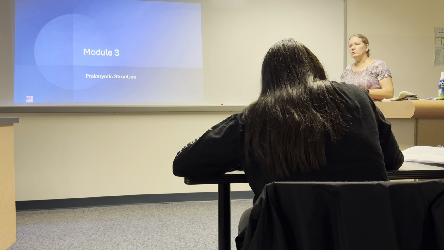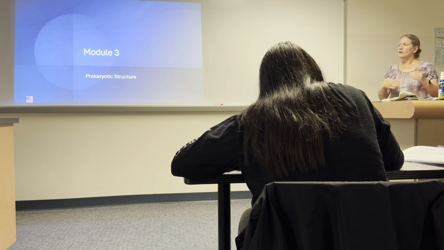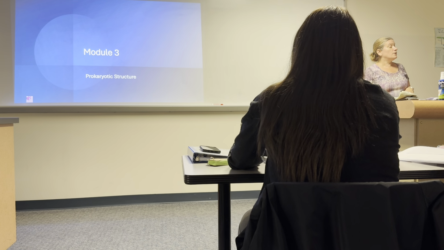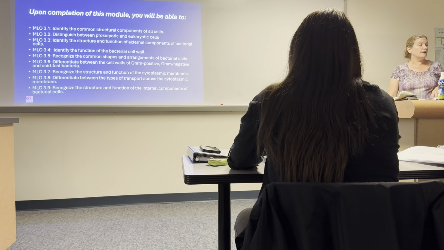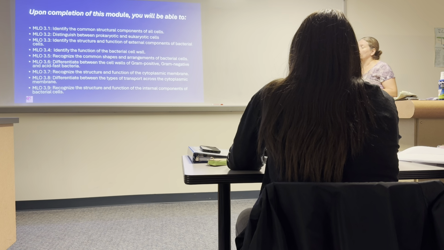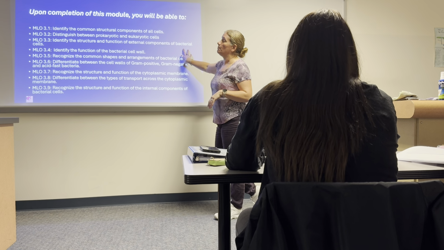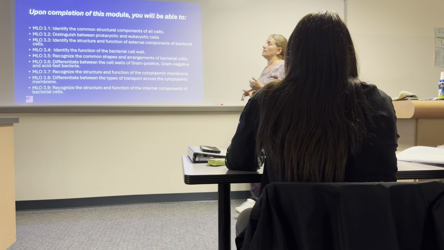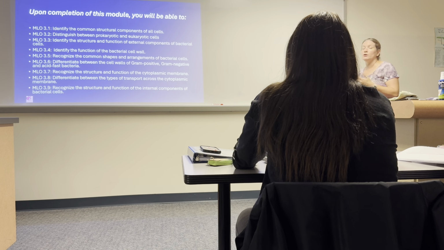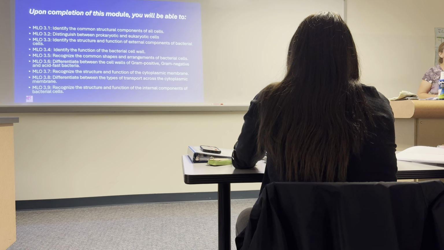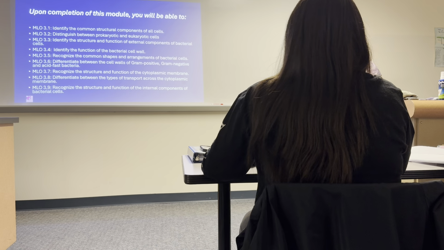But overall, right, there's a lot of similar components. All right, so I'm not going to belabor this too much, but again, we do have a set of 9 learning objectives for this particular module, to include identifying common structural components of all cells, distinguishing prokaryotic and eukaryotic cells, and then identifying the structures of the bacterial cell at different levels.